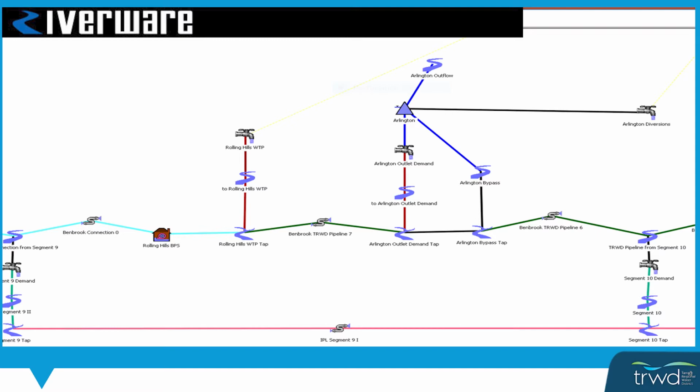It prepares 100 separate hydrologic input files that we use for a stochastic run in this model. More recently, we worked with Hydros, a consultant in Boulder, to develop a downscaling tool that is specifically developed for TRWD in our service area.